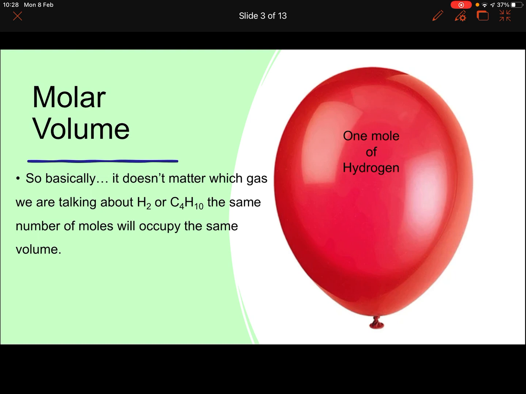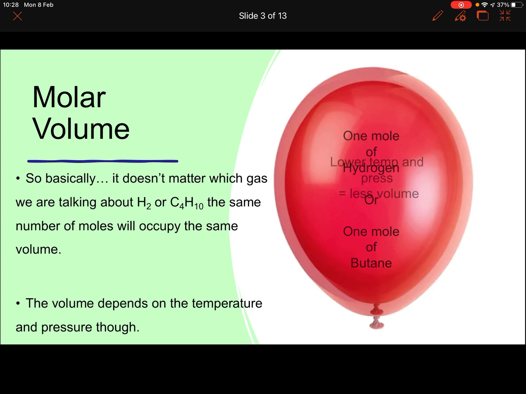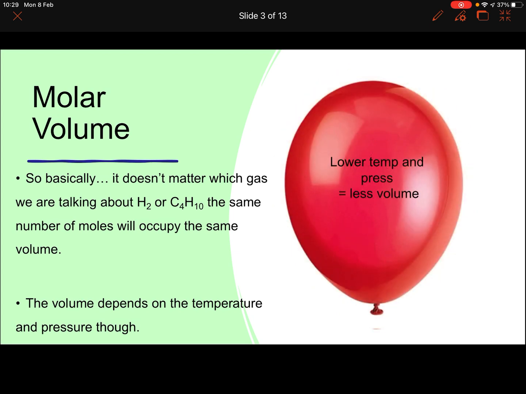So this could be 1 mole of hydrogen, or it could be 1 mole of butane. But remember, that's dependent on the temperature and the pressure. If you increase the temperature and the pressure, or you increase temperature and decrease pressure, that volume will change. So lower temperature equals less volume.